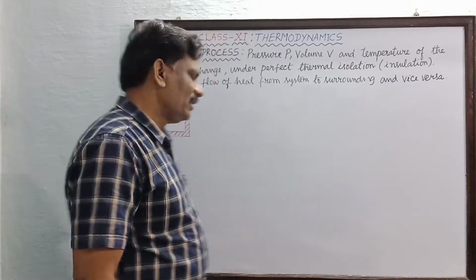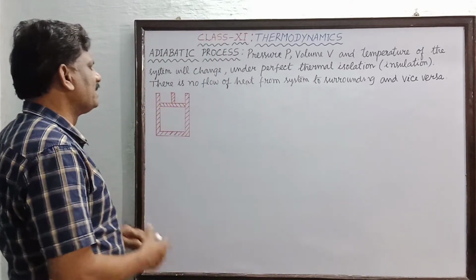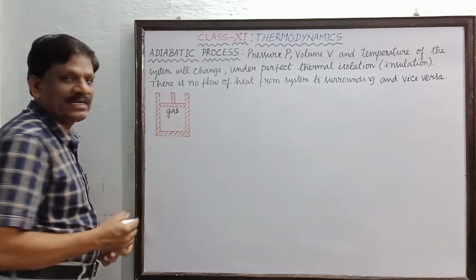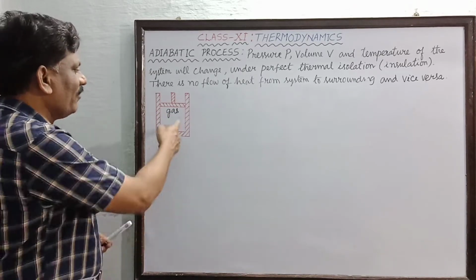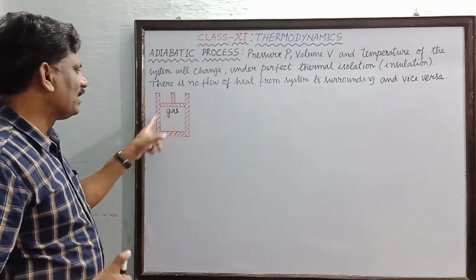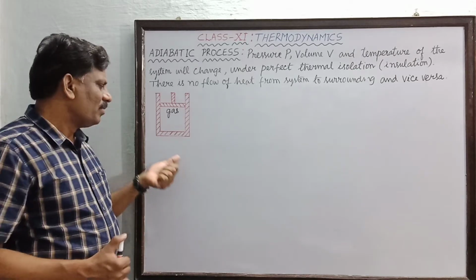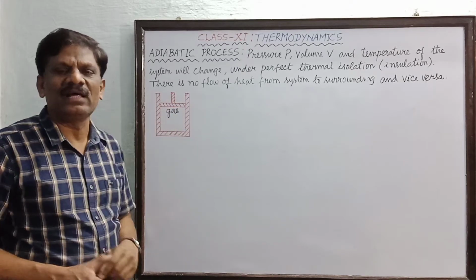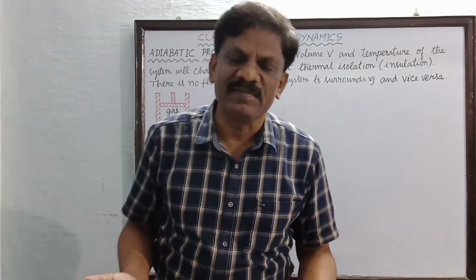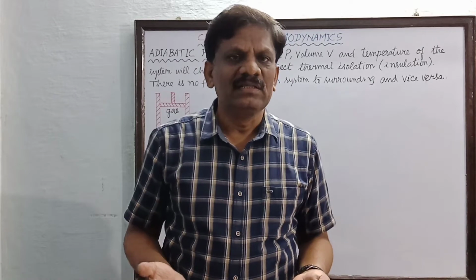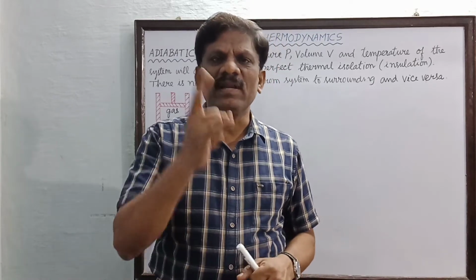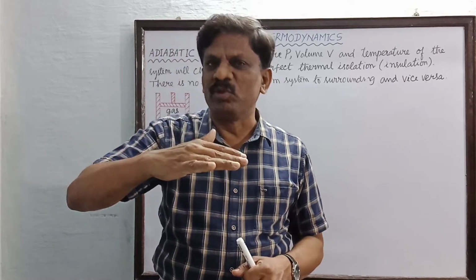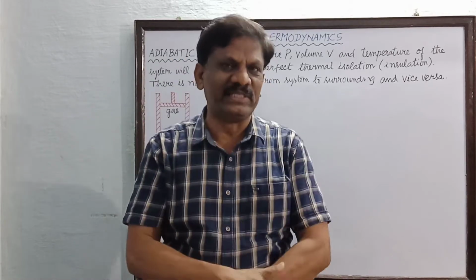For that I have considered an ideal gas taken inside a container, a cylindrical vessel whose walls are perfect insulator, the bottom is also an insulator, and the piston and handle are also insulators. Very simple. Now what will happen if I compress the gas by pushing the piston in the downward direction?